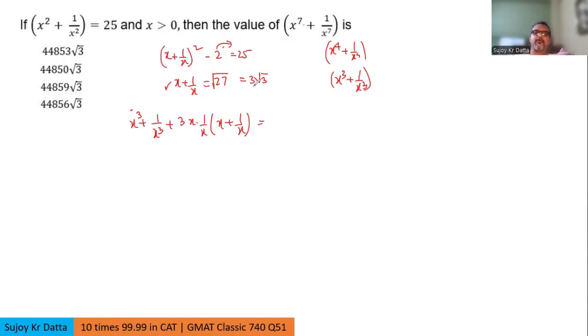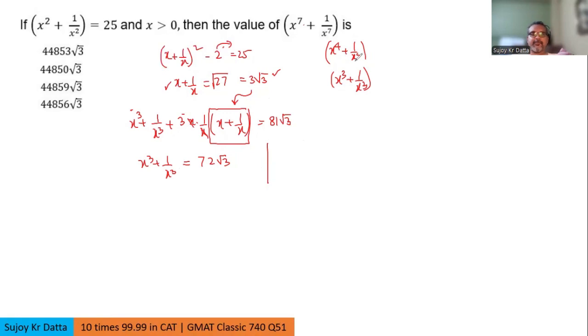The cube of 3 root 3: 3 cube is 27, root 3 cube means you get another 3, so 81 root 3. So x cube plus 1 by x cube is equal to 81 root 3 minus 3 times 3 root 3, that's 9 root 3. So 81 minus 9 root 3 gives 72 root 3. We just plugged that in here.